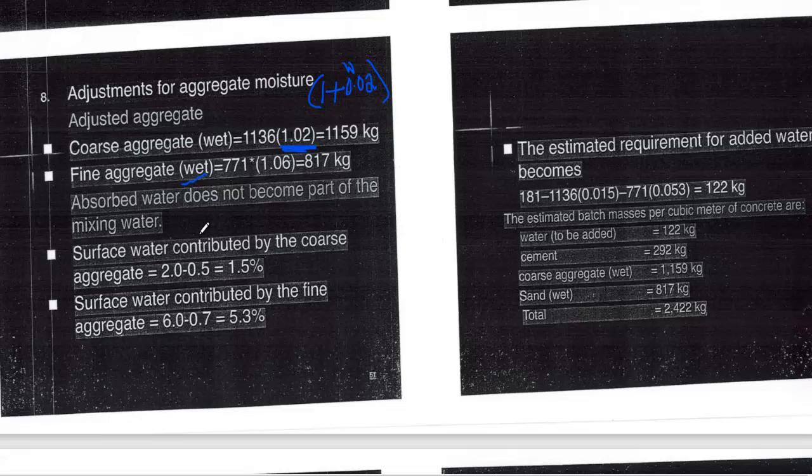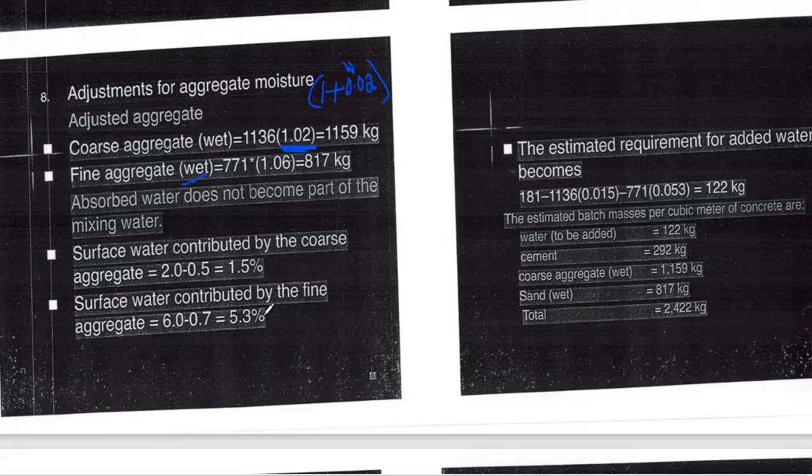But they consider the material as having extra water, which is moisture content. So finally you get a new amount of coarse aggregate, 1159, and fine aggregate, 870 kg.